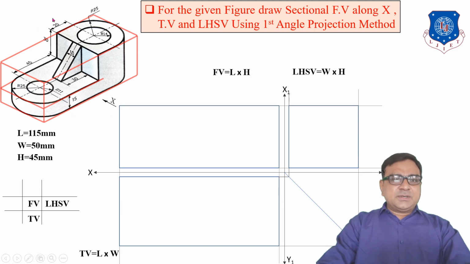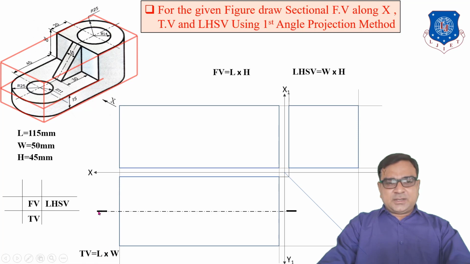Now when we observe the object from the top, we see that the object is symmetrical about a horizontal line. So whenever we start any view, we have to observe first in which view our object is symmetrical. Here our top view is symmetrical about a horizontal line. So start your top view by drawing a center line.